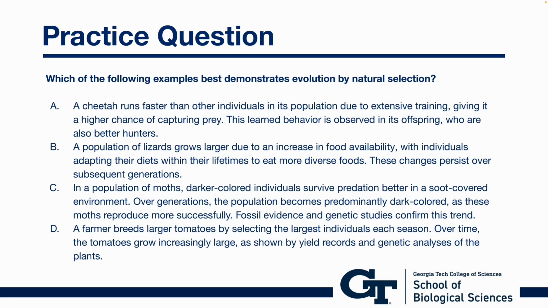So, moving on. What demonstrates evolution by natural selection? Okay, so again, what we're looking for is some form of a selective pressure that causes selection for a trait that confers a fitness advantage. Okay, so we're looking for something being more fit than the rest of a population due to some form of pressure.